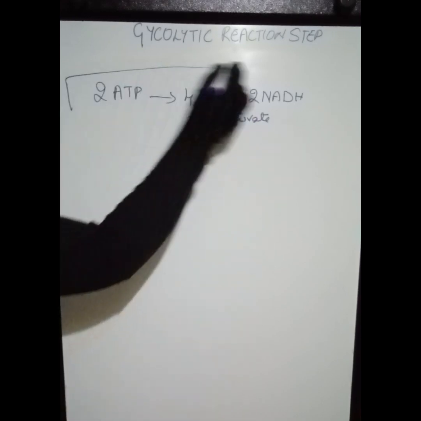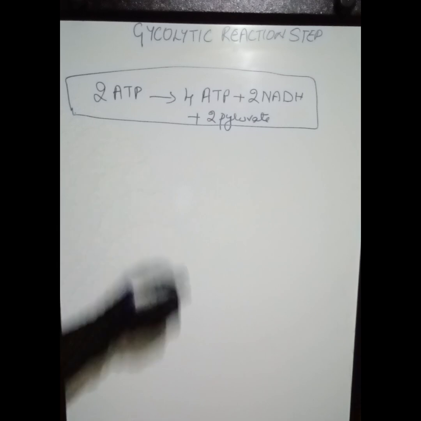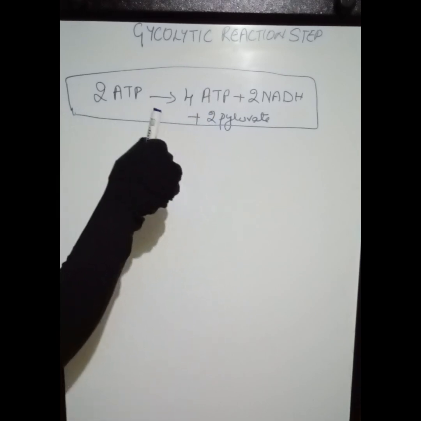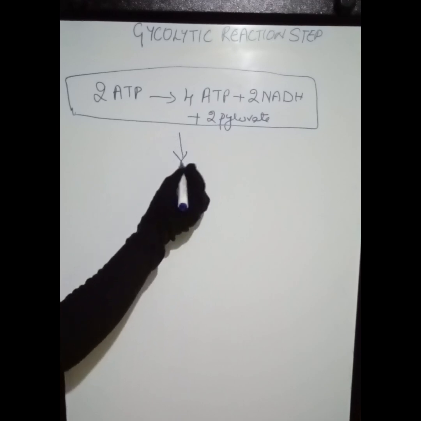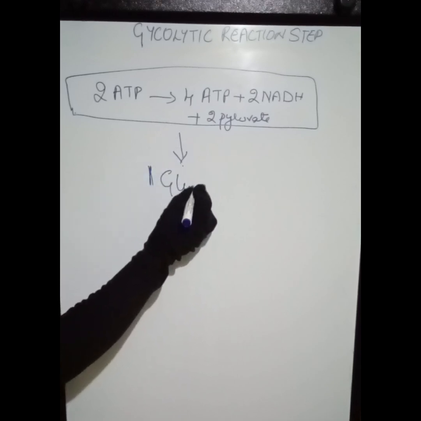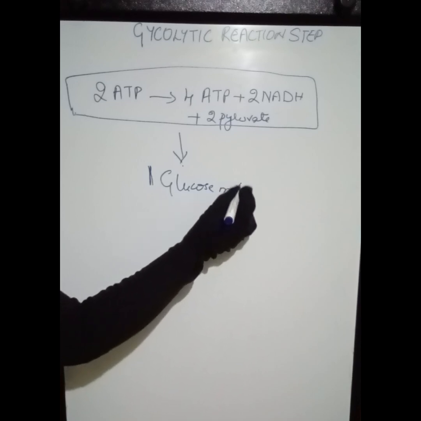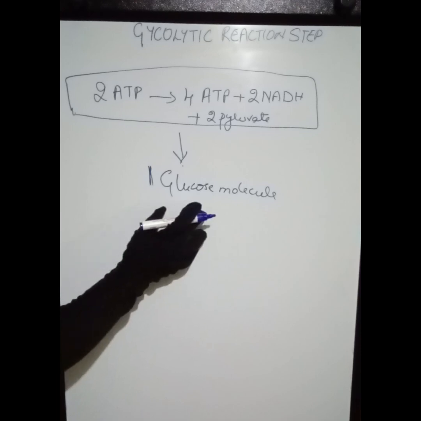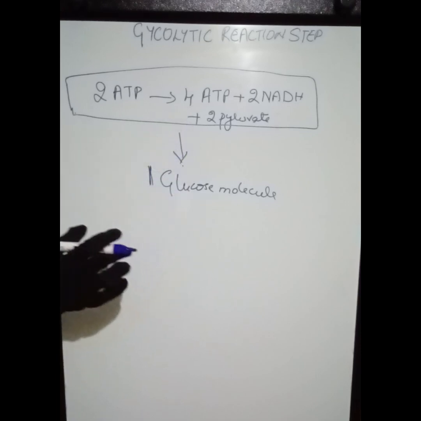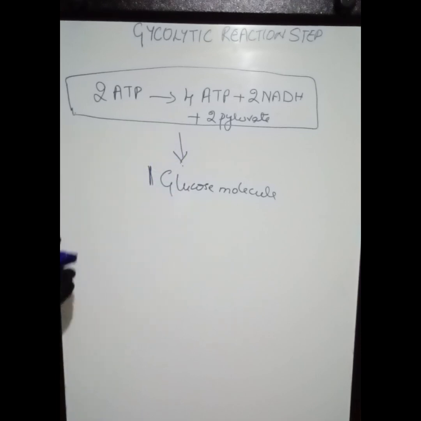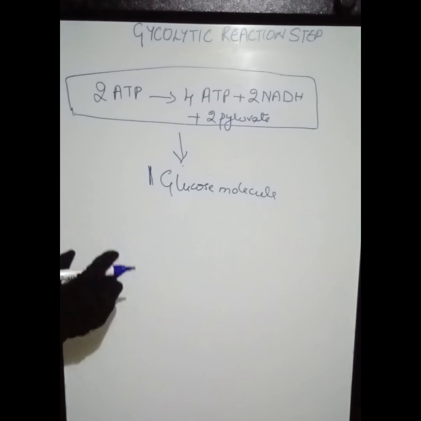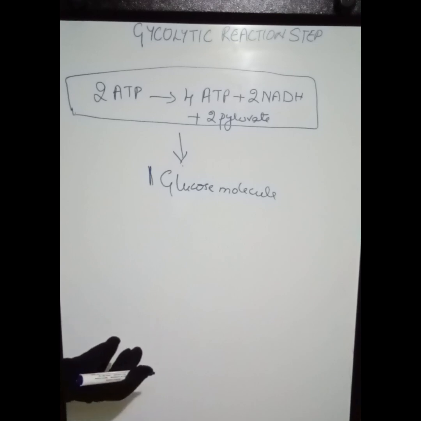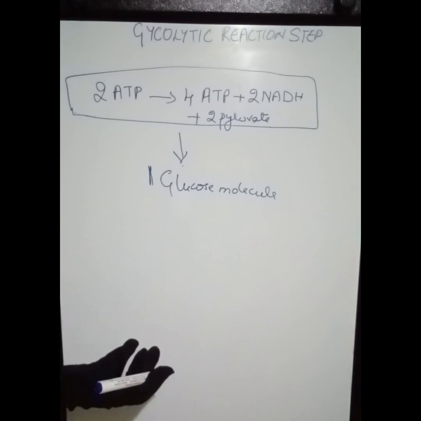This complete production of 4 ATP molecules, 2 NADH and 2 pyruvate is all formed by 1 glucose molecule. So 1 glucose molecule can give so many energy molecules. So this is an important reaction or pathway which happens either during cellular respiration or sometimes even anaerobic respiration, which has been found out.